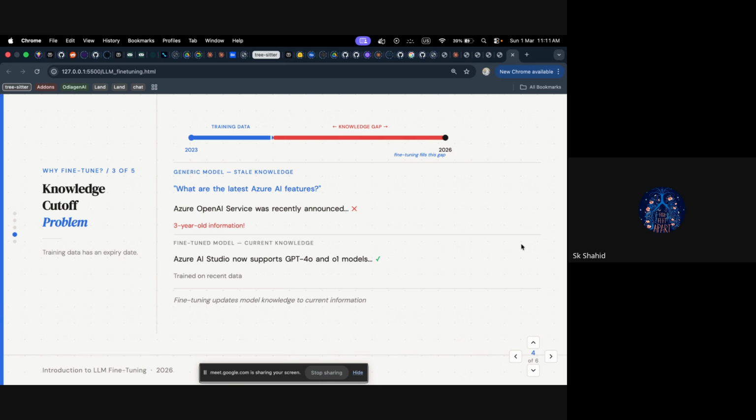So if we ask a question about something very recent, after 2023, it will fail to answer it in a correct way. It does not have the current knowledge. So it's again an inherent problem. If I train it to a certain date, it will give information up to only that date. This is also a limitation of a pre-trained model.